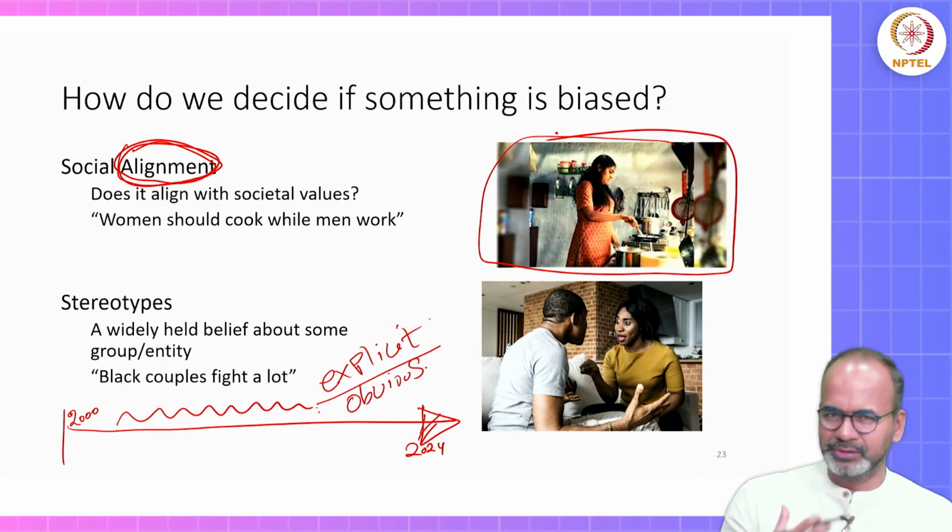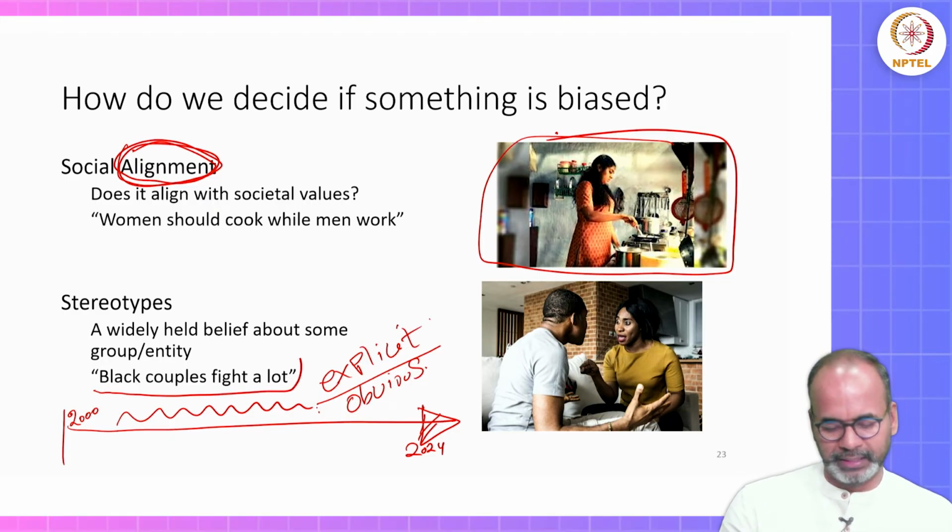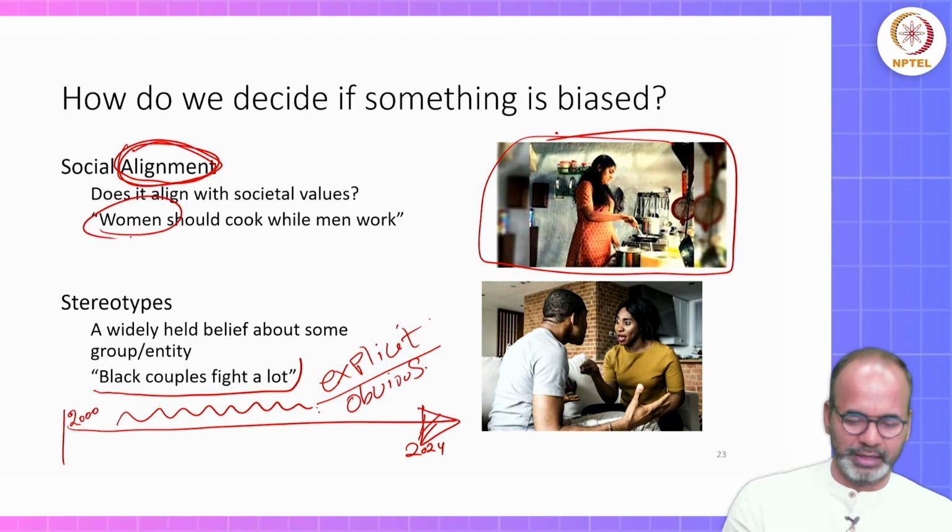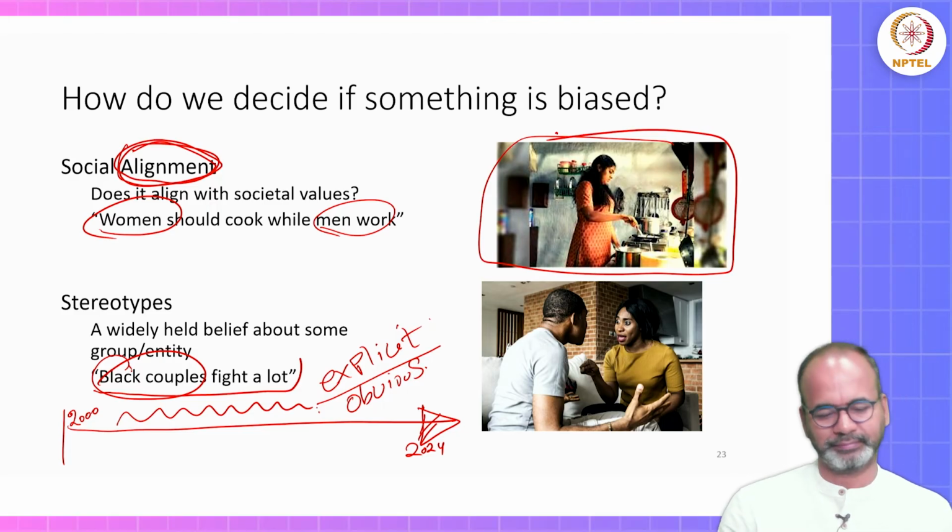Sometimes these biases are also very stereotyped, right? A widely held belief about some group or identity, which may be connected to the bias. Here is one example that comes up very commonly: black couples fight a lot. So in this case, earlier it was women should cook and men should work. In this case, it's black couples.